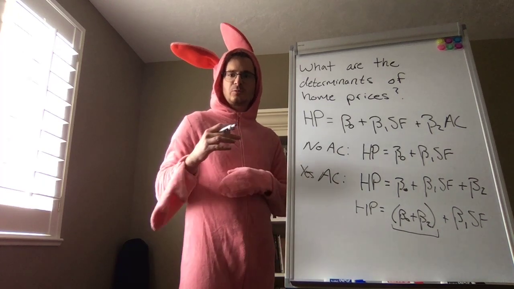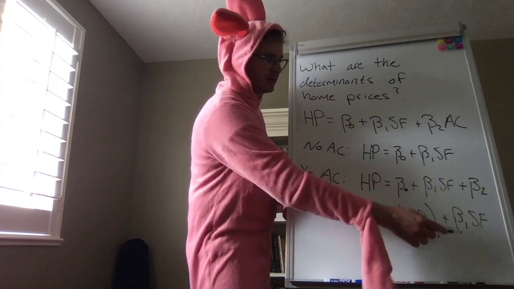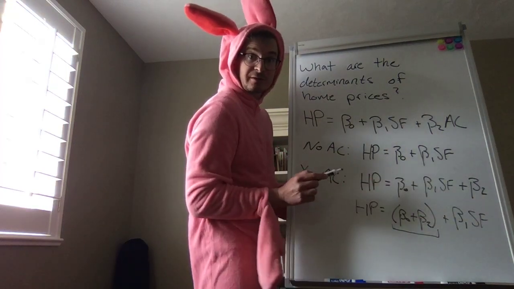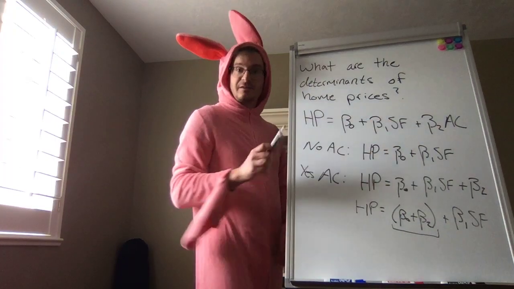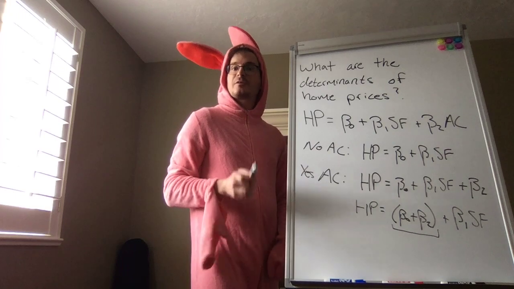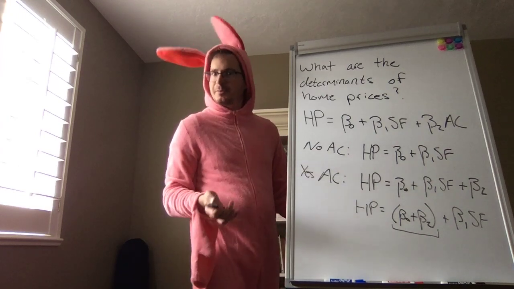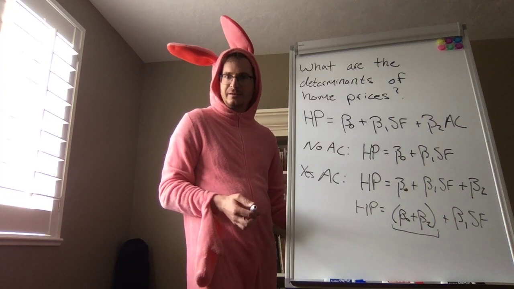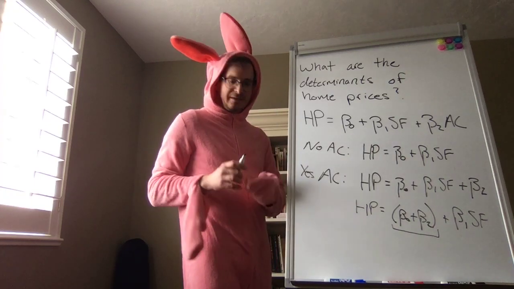The whole line will shift up. Notice that they have the same slope, beta 1 and beta 1. That's the slope for both equations. But this new AC 0, 1 variable allows the intercept to shift when they have AC, presumably up because people like having AC. So we're going to have a line that's shifted up as a result of having AC.